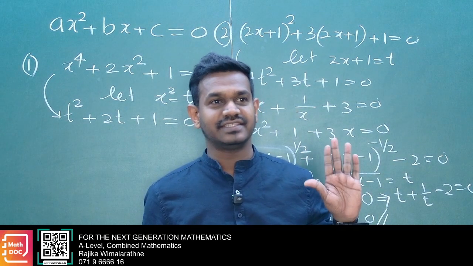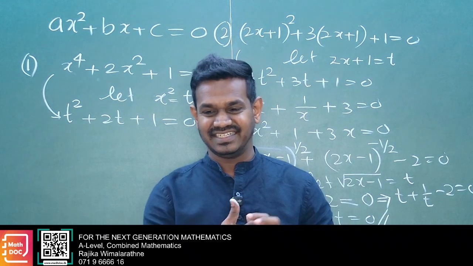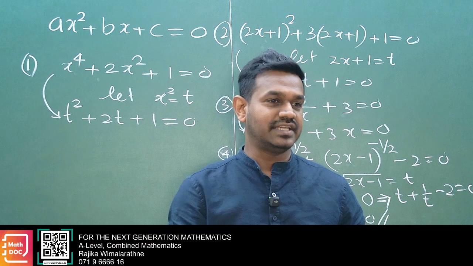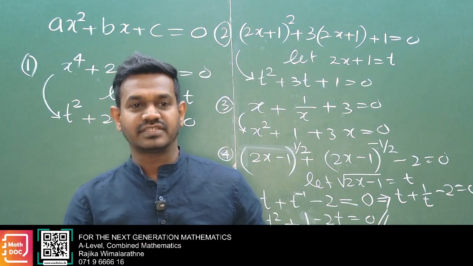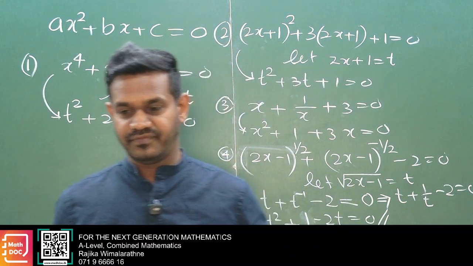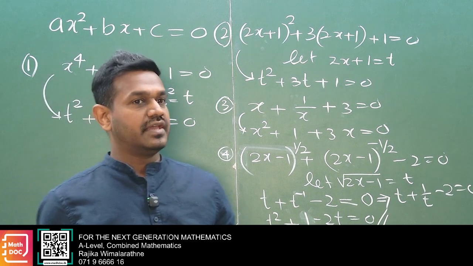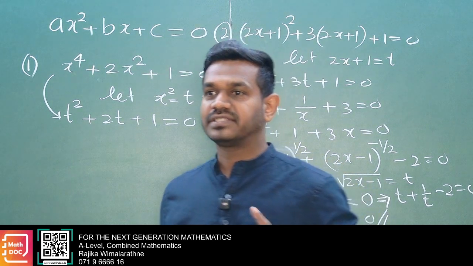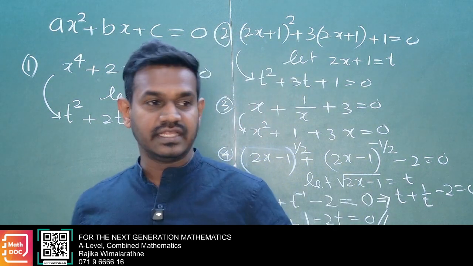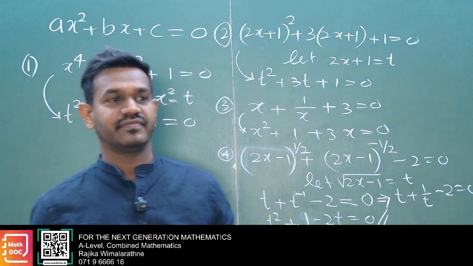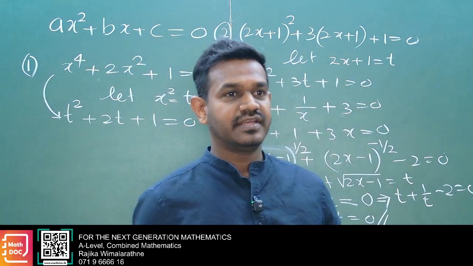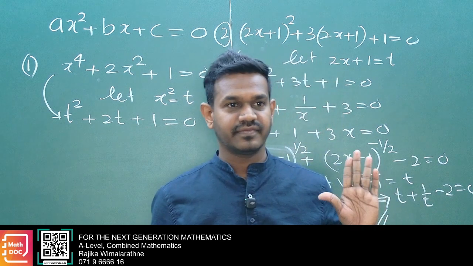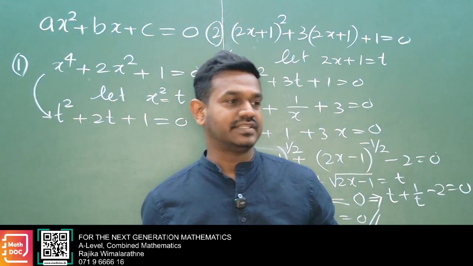Okay, just write this. ax squared plus bx plus c equals 0 is directly a quadratic equation.